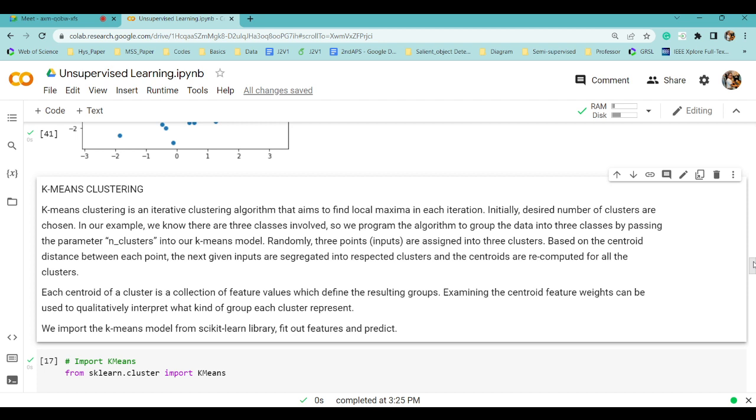So what we do is we calculate the mean value from that data point to all the nearby clusters, and the one with the least distance is the class which the data point belongs to. That is what k-means is.